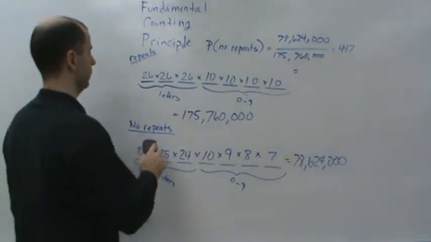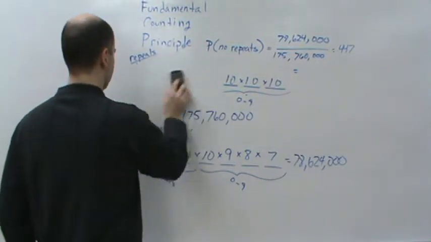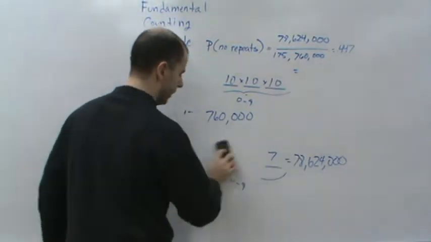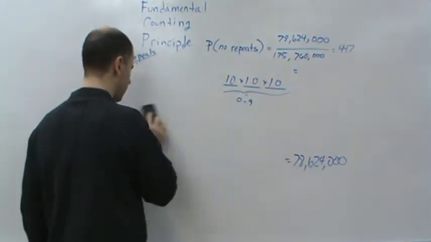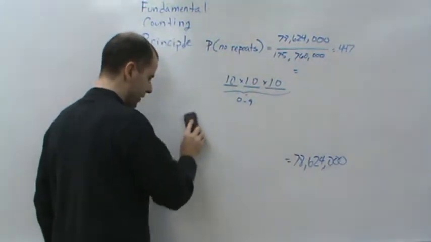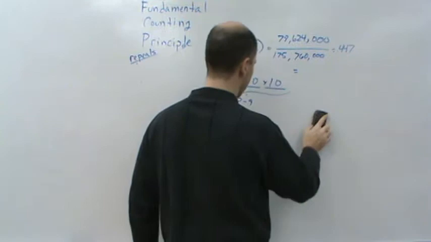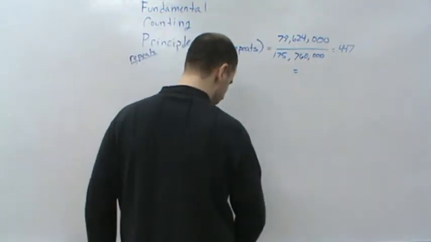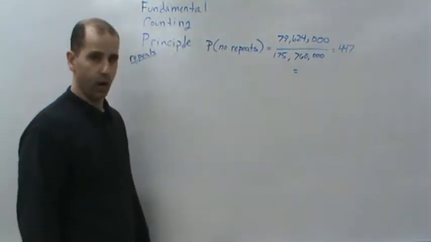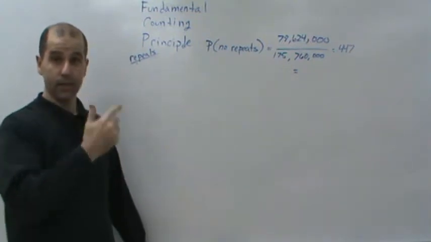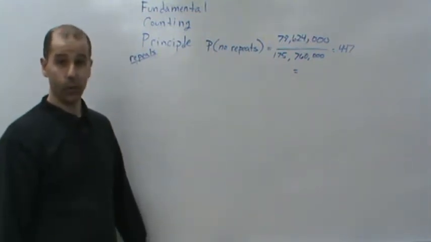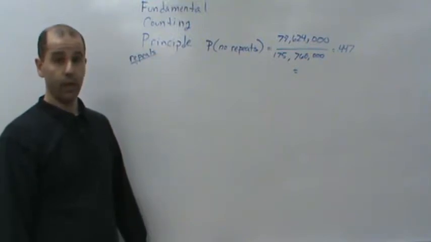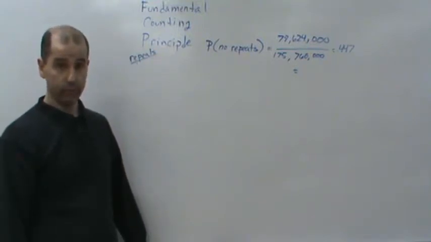Well, that would be pretty hard to do directly, because we would have to consider 1 repeat, 2 repeats, 3 repeats, all the way up to 7 repeats. I don't want to do that many calculations. It would be tedious, but there's an easier way.